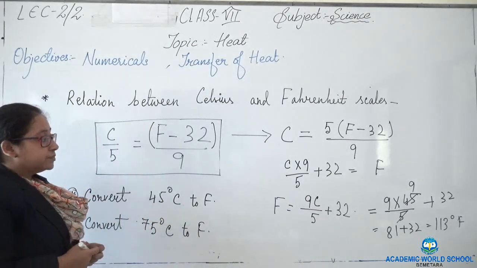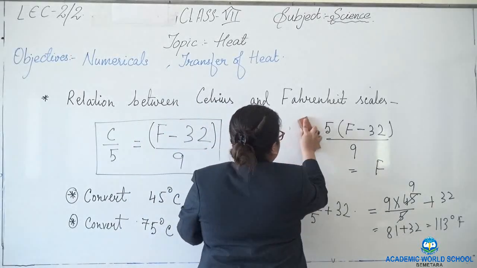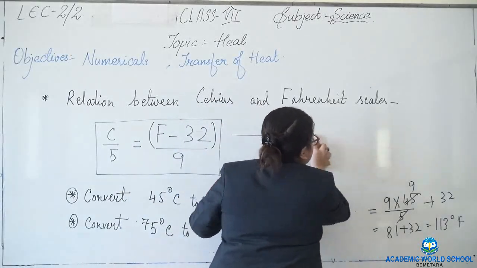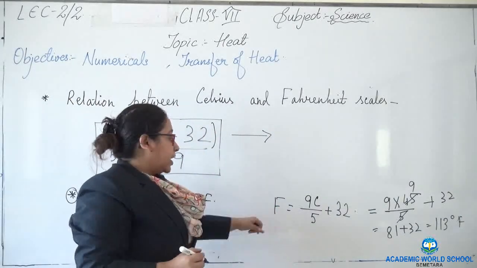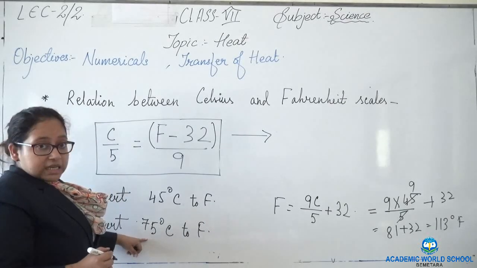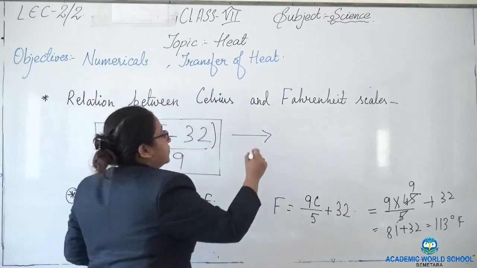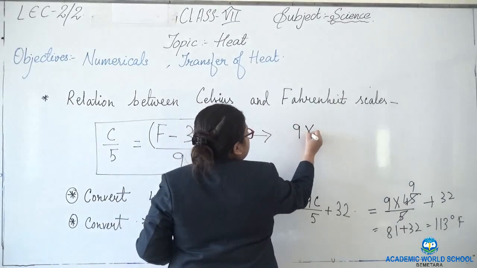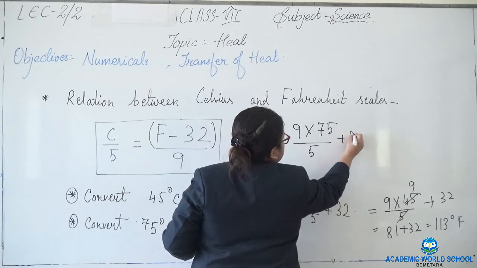What will I do? This is my formula to find out F. Instead of C, what will I write? I will write the value of C, that is equal to 75. So 9 into 75 by 5 plus 32.